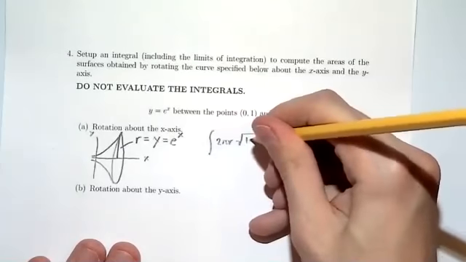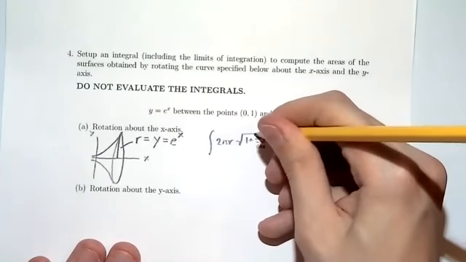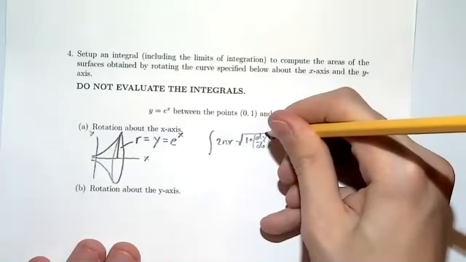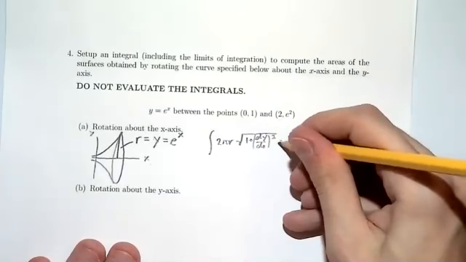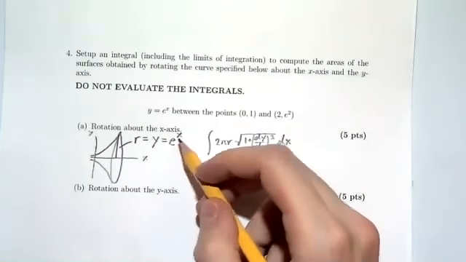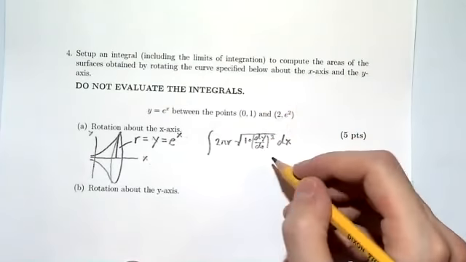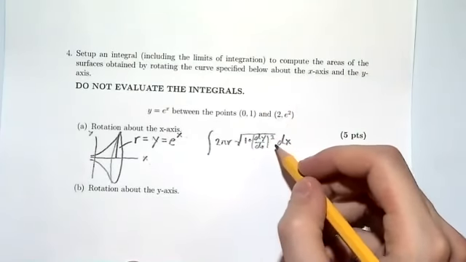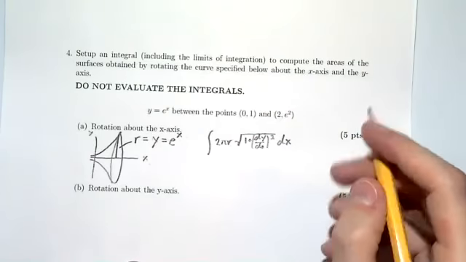So that's the square root of 1 plus dy dx squared. And then we want it in terms of x. So here our r is going to be e to the x. So we can start substituting stuff in. We know that dy dx is just e to the x again.